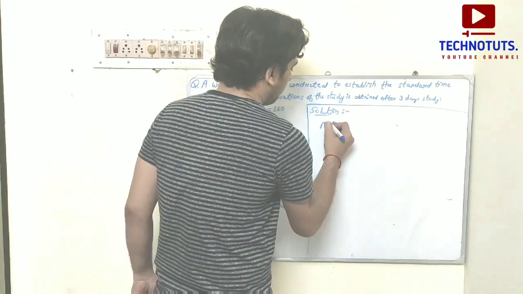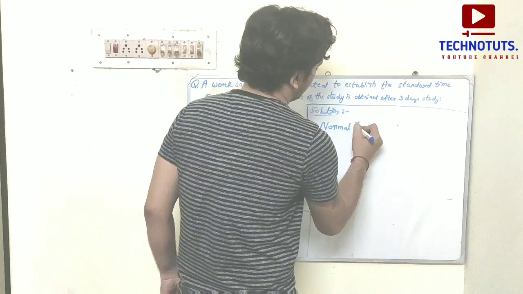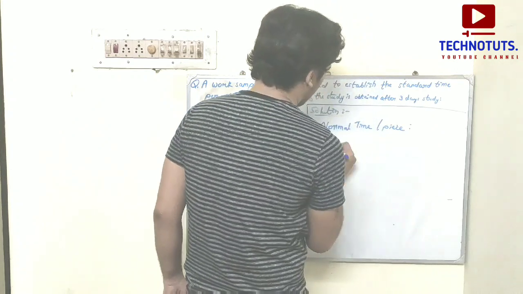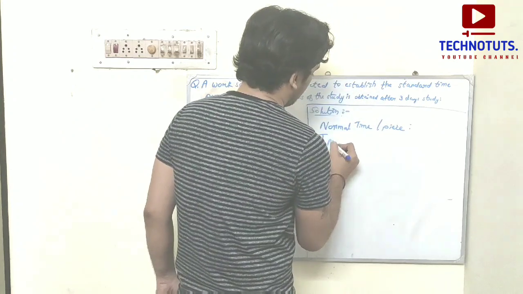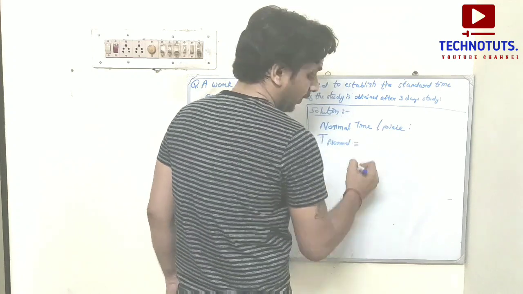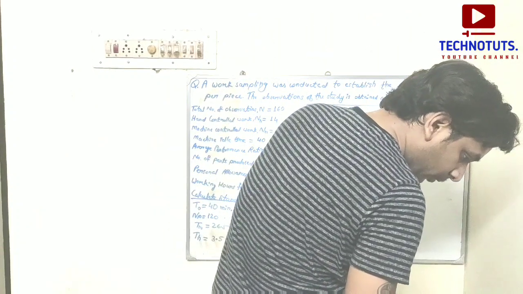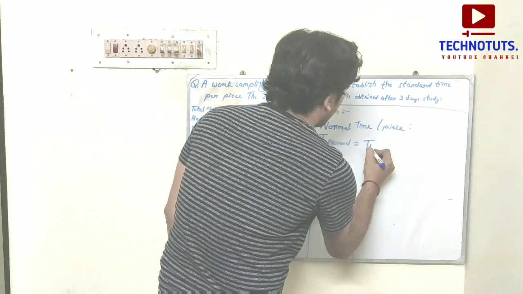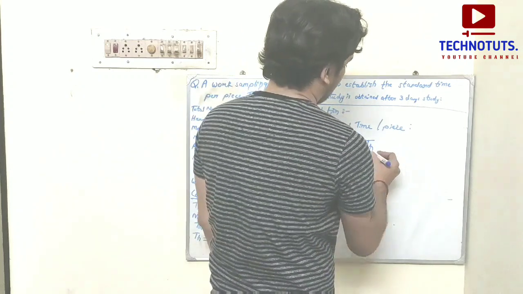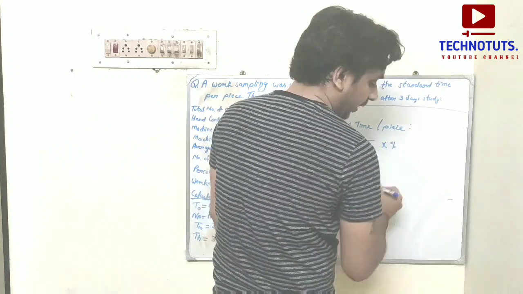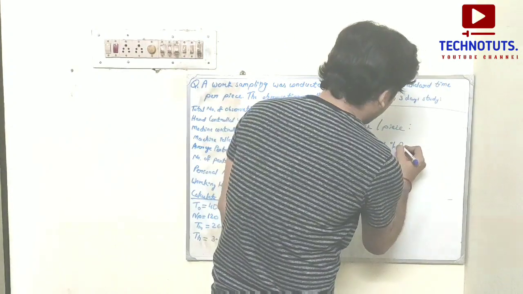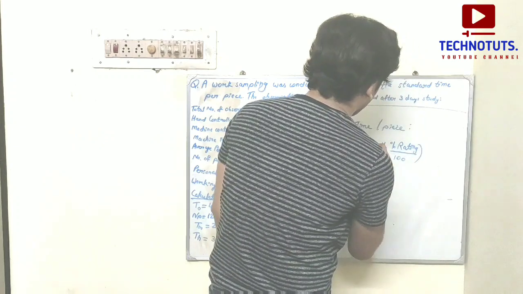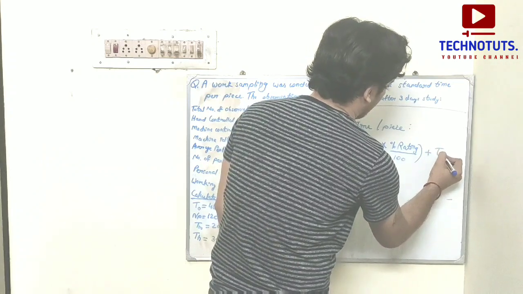The normal time per piece is given by, let's note down the formula: T normal is equal to hand control time per piece into percentage performance rating divided by 100, plus machine control time per piece.